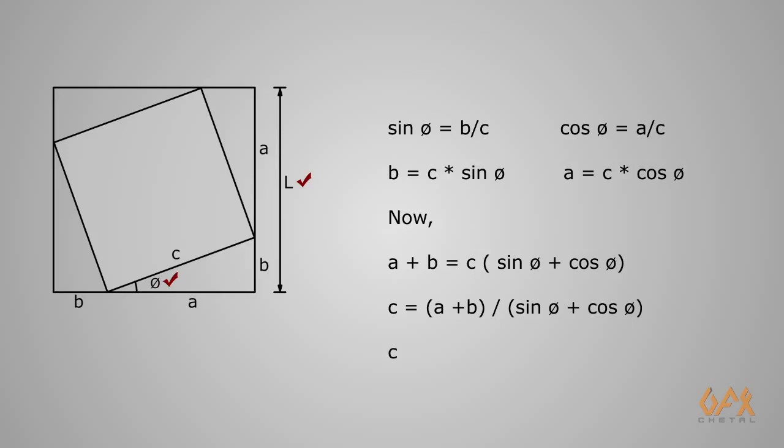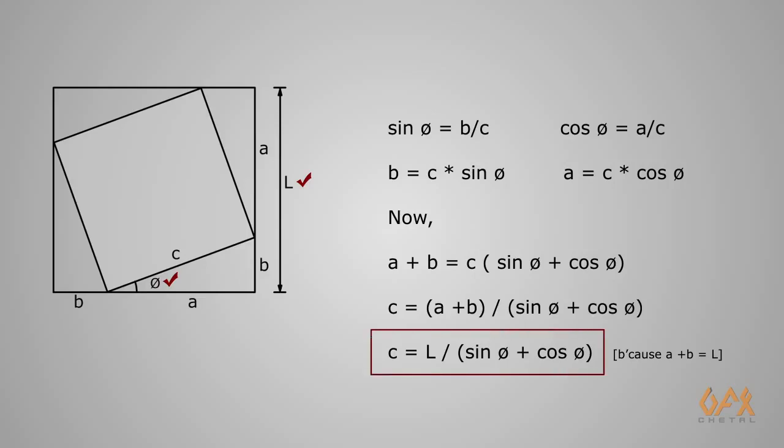So we get C is equal to L upon (sin phi plus cos phi) because L is equal to A plus B. So here we get a mathematical solution for this C, I mean this length.